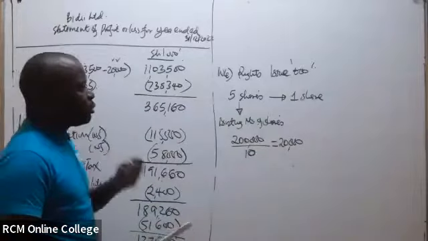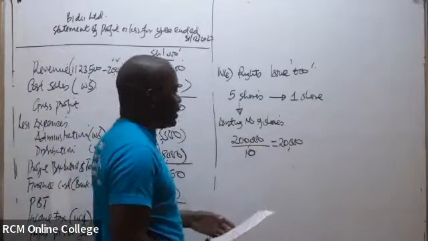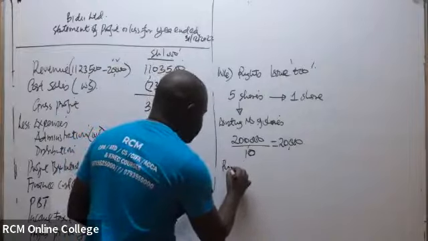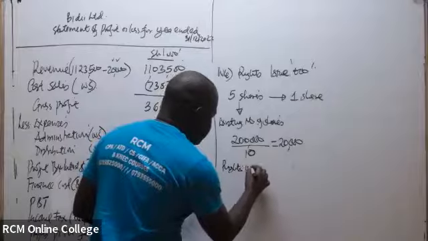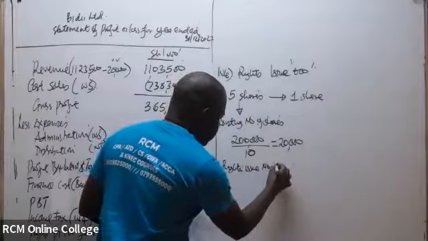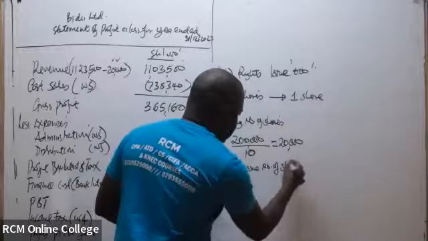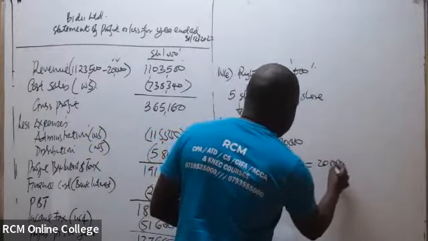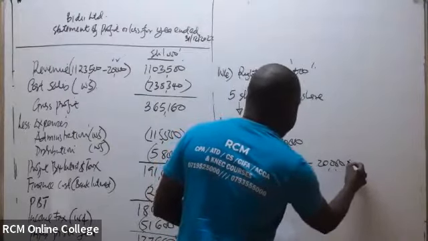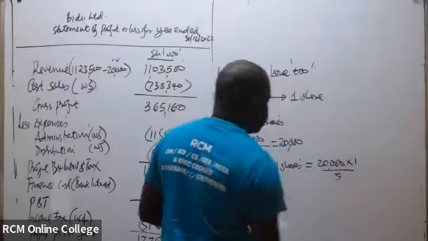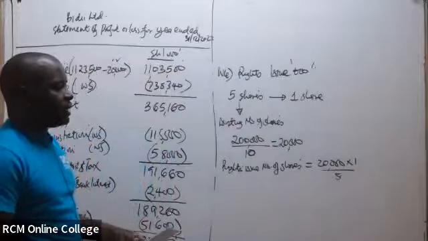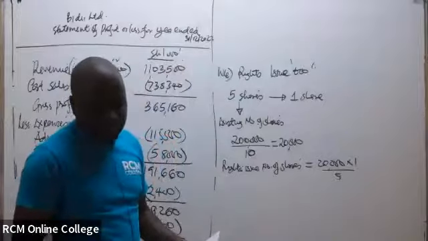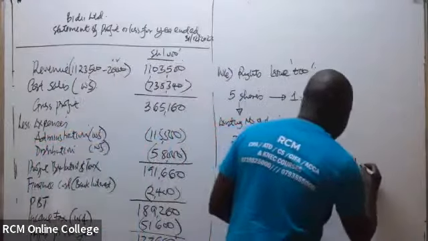So to know how many shares were issued in terms of the rights issue, we take the rights issue number of shares as 20,000, multiply by 1 and divide by 5. This will give us 4 million.